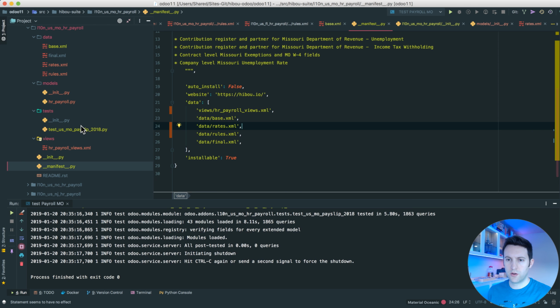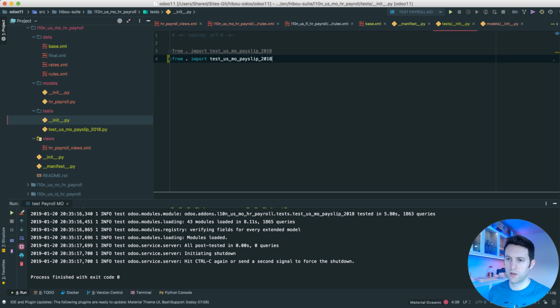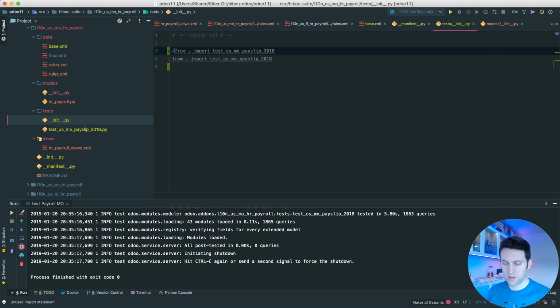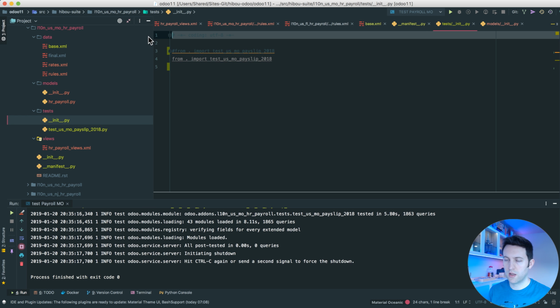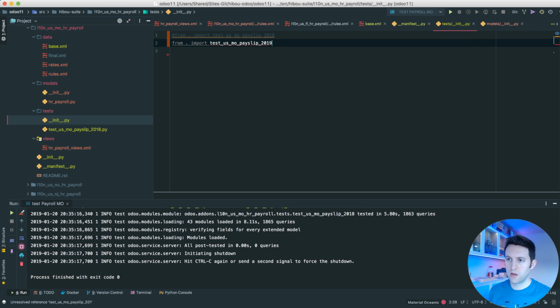So it's time to write the new tests. We'll come into here. We will duplicate this line, then empty it more or less. Or not empty it. We will comment out the first test because I don't need that to run anymore. 2019. Duplicate this.